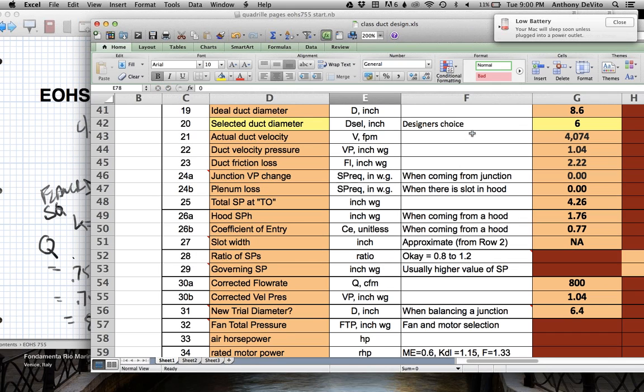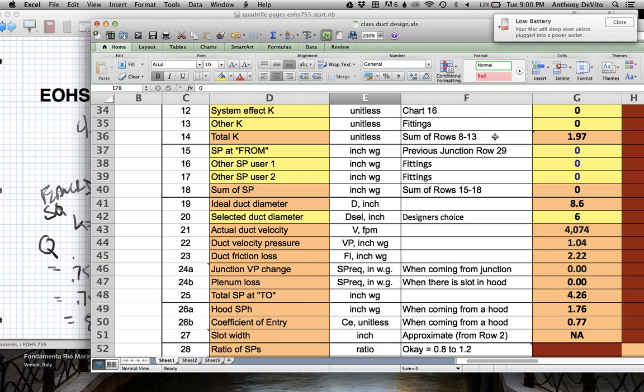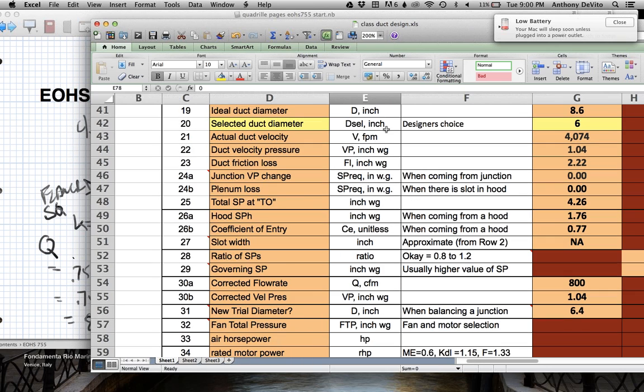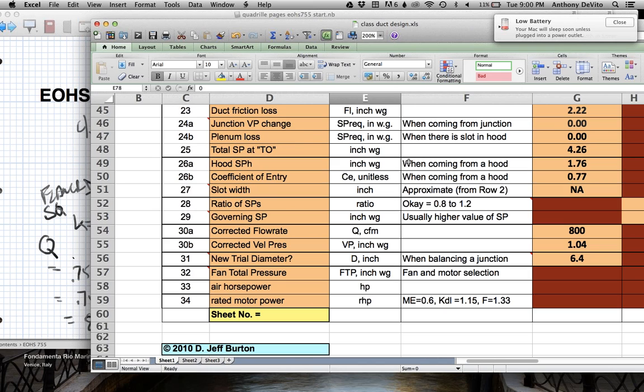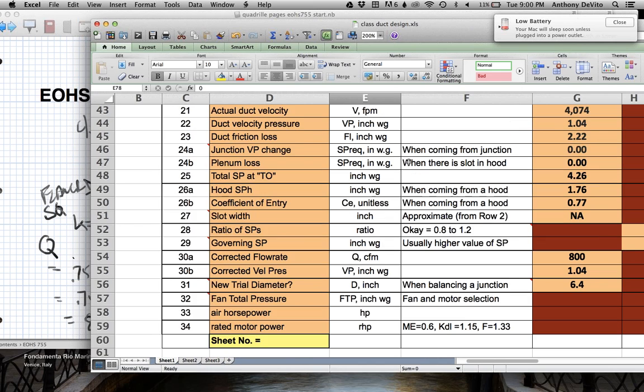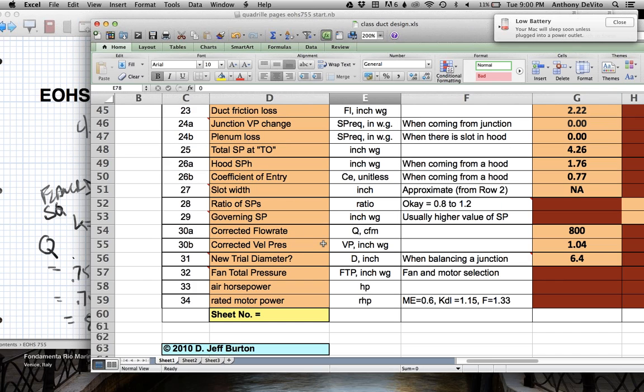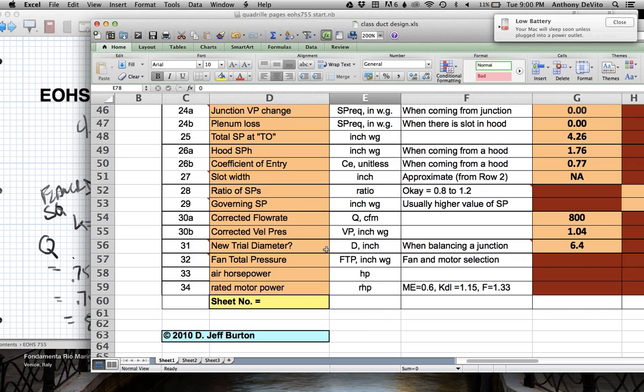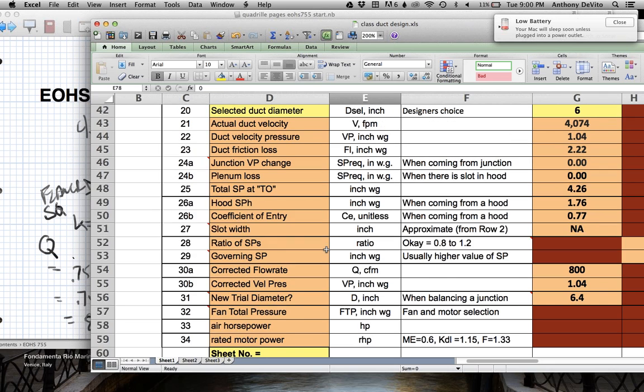And the velocity pressure in the branch, I saw it here, junction duct velocity pressure, corrected velocity pressure, 1.04.